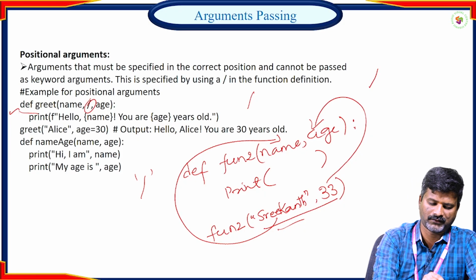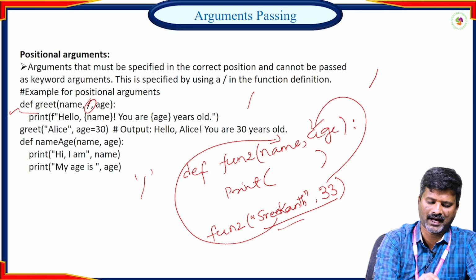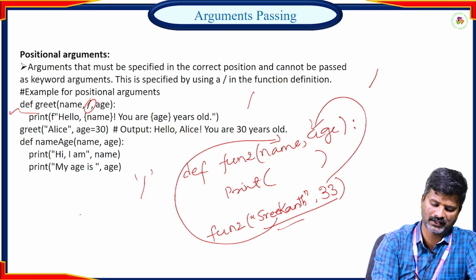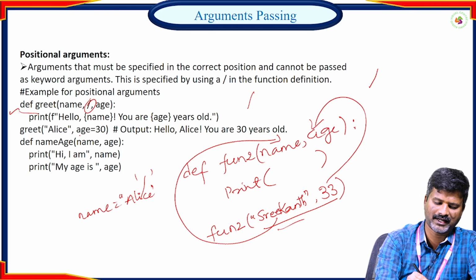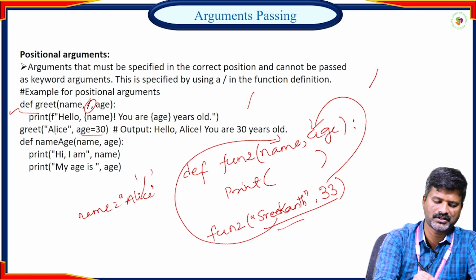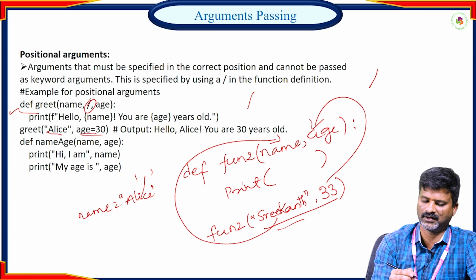If you observe, while calling this function, I am passing greet, alias, age. Alias will be stored in the name variable, and age is a keyword argument. Alias is a positional argument, age is a keyword argument.